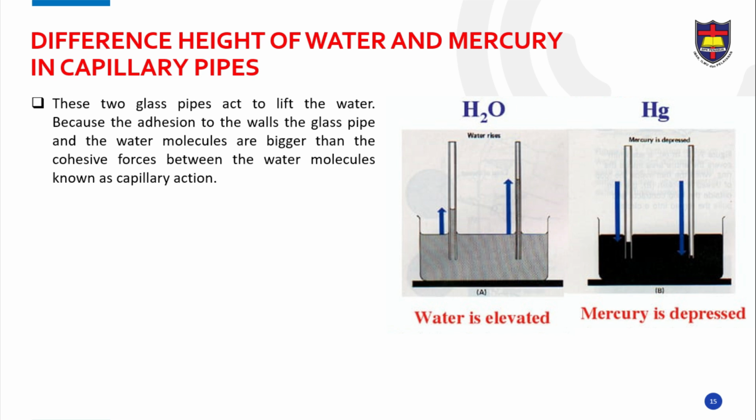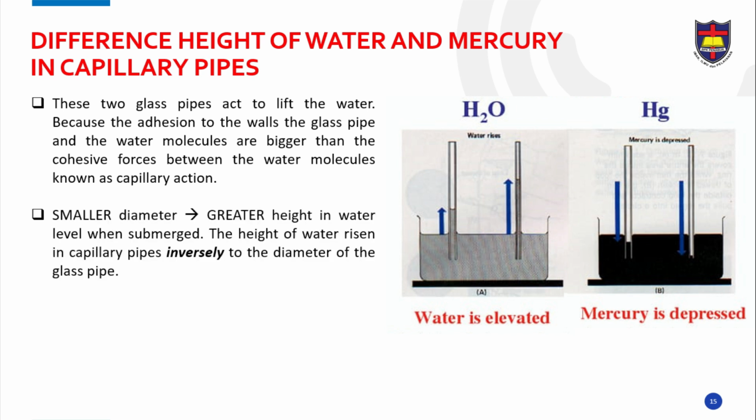It's because the adhesive forces between the walls of the glass pipe and the water molecules are bigger than the cohesion forces between the water molecules. We know this as capillary action. The pipe with the smaller diameter will have a greater height of water level when submerged. So we can say the height of water risen in capillary pipes is inversely proportional to the diameter of the glass pipe.